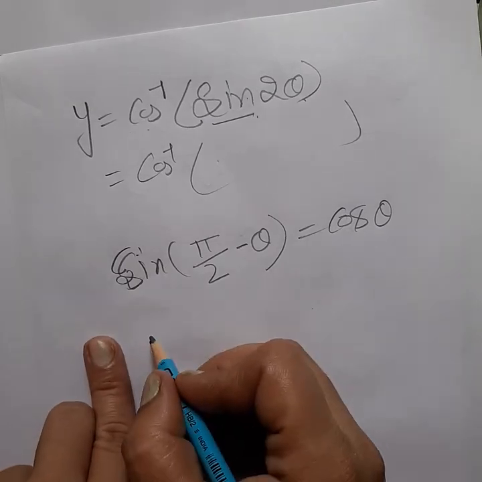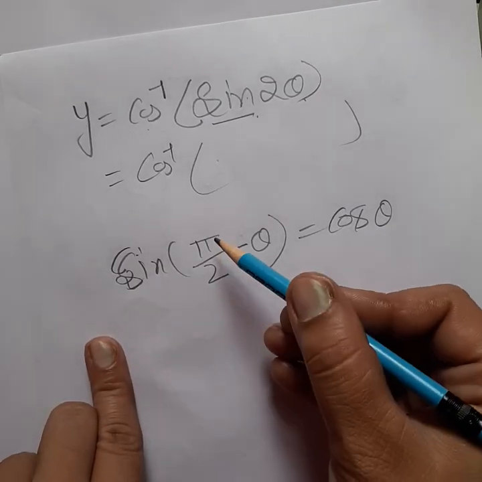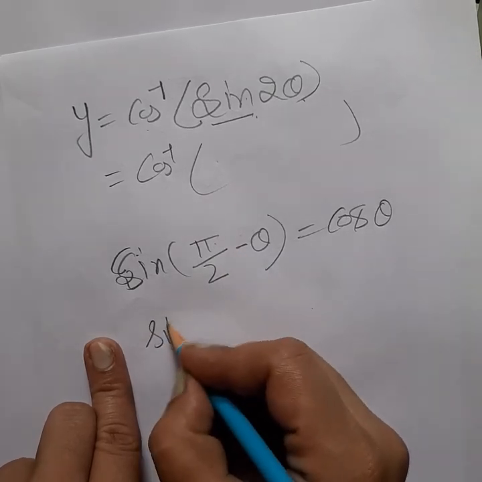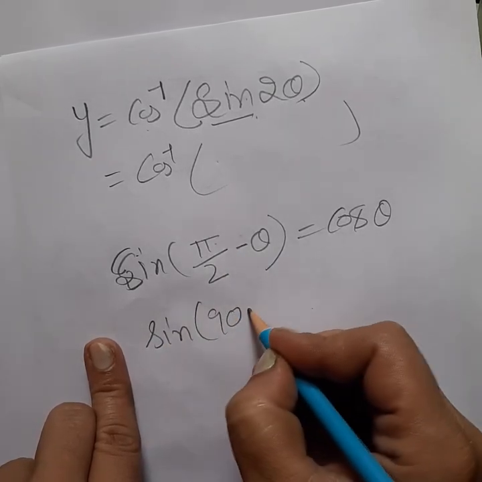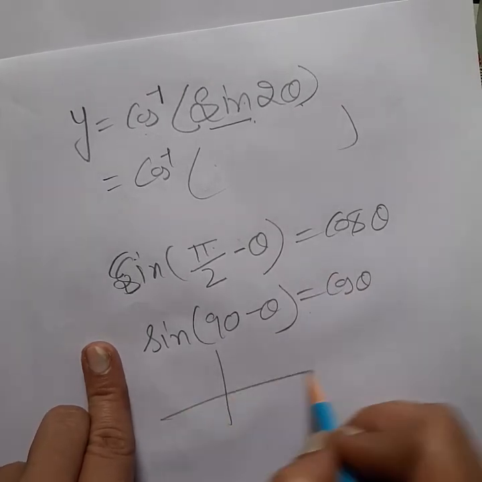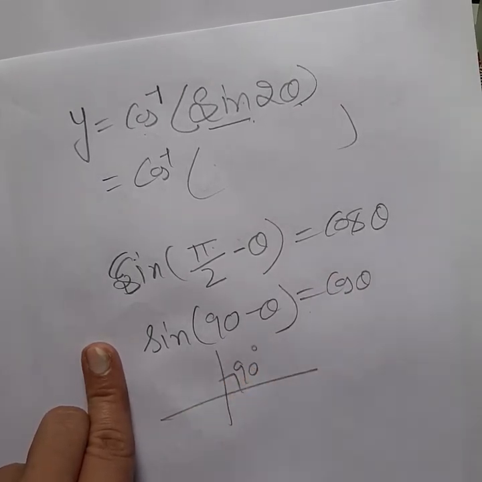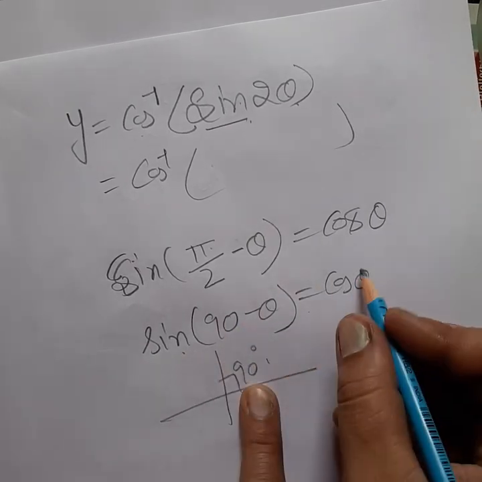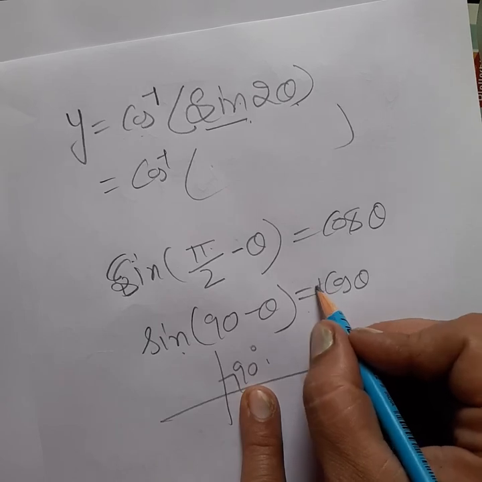You have read in your 10th standard that the value of pi is equal to 180, so 90 minus theta is equal to cos theta, because 90 is our first quadrant, and in the first quadrant all the signs are positive.